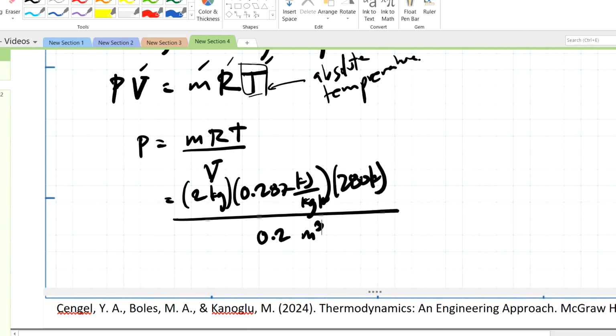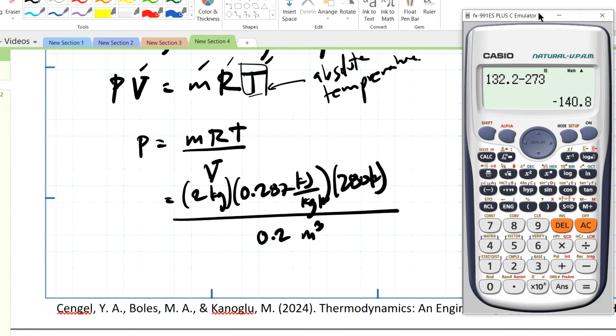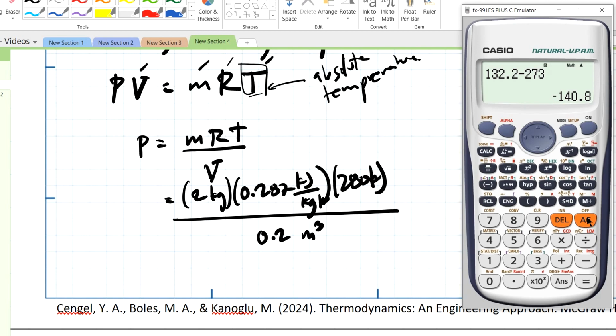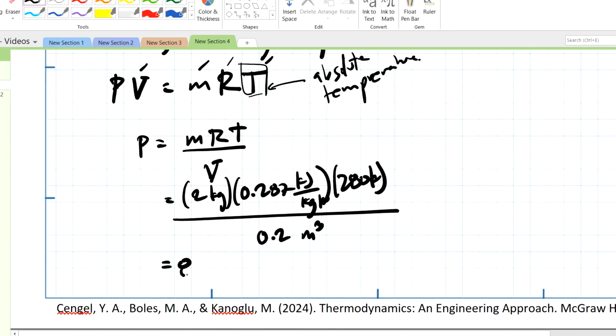Let's calculate 2 times 0.287 times 280 divided by 0.2. This is equal to 803.6, and the unit is in kilopascals.